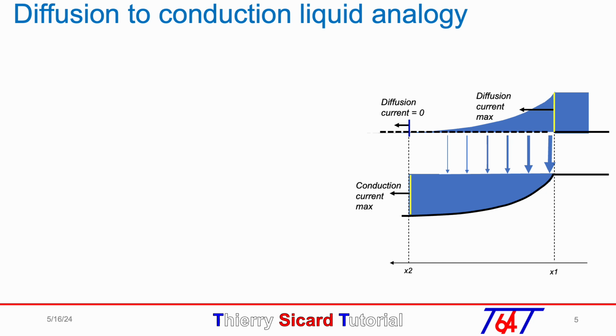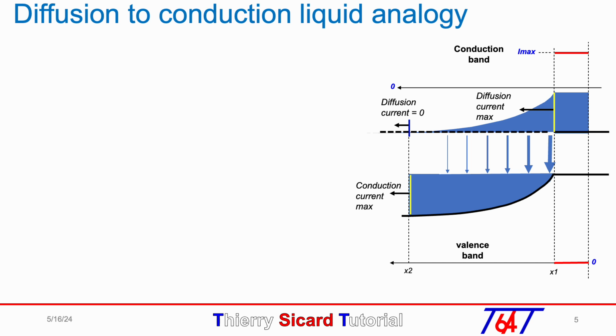Between 0 and x1, the upper channel water represents the maximum current in the conduction band, and the lower channel with 0 water represents the 0 current in the valence band. The diffusion current goes down with an exponential shape.